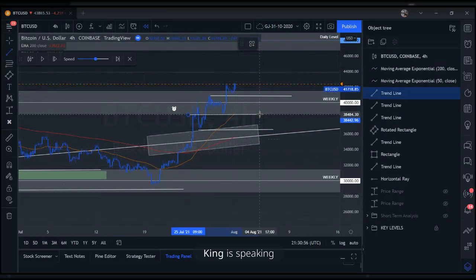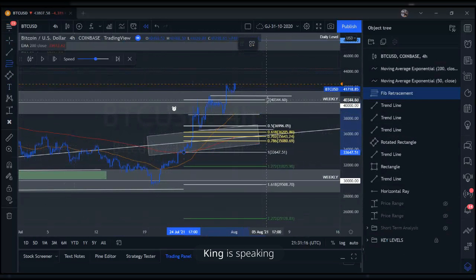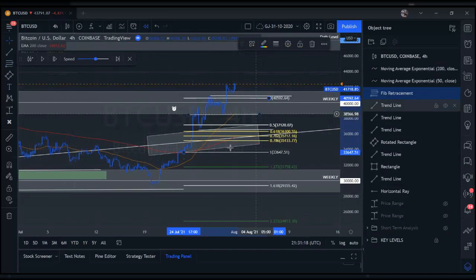You maybe even use the fib once the market's moving like this, and you could have done, let's see, I don't know if it would have worked here, but from somewhere around here where the 200 EMA has been used as support, you can see that we retraced down into the 50% and 61.8% fib levels before being brought back up.